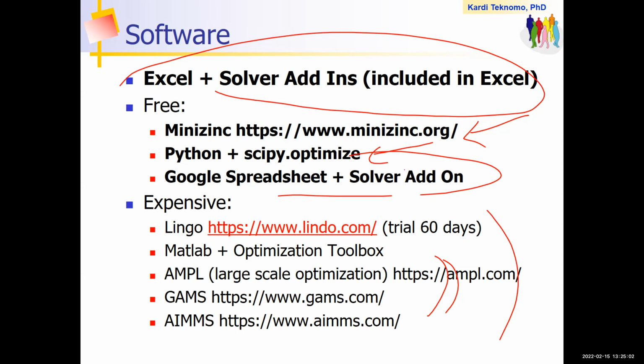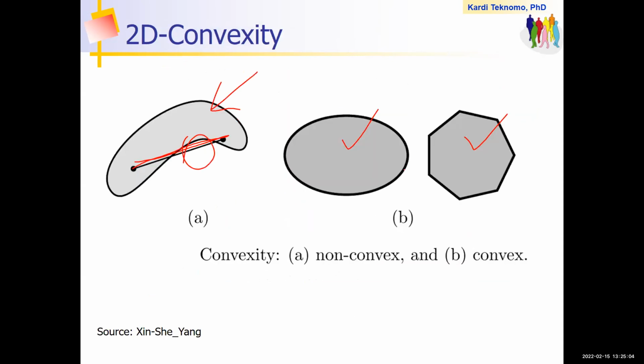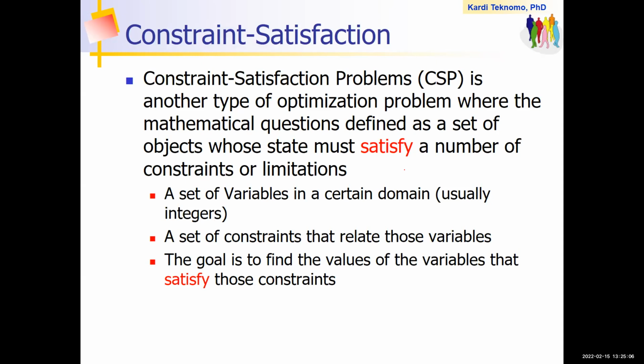Okay, next. The next part is another type of optimization problem that I mentioned earlier. It's called CSP, or constraint satisfaction problem. You can check in Google. If you Google it, you will find Wikipedia probably.